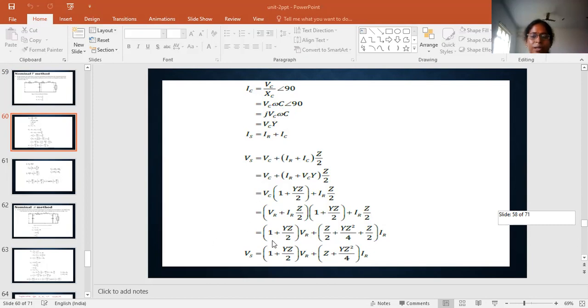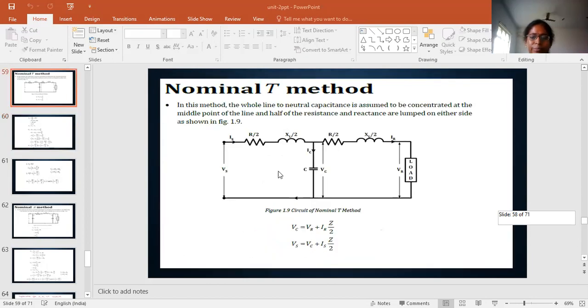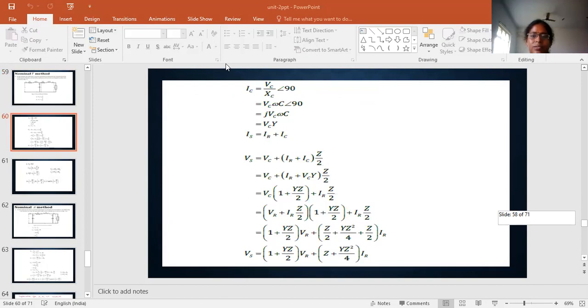Because all the parameters are in impedance and admittance format. And IC equal to VC by XC, as in the capacitance the flowing current is IC. VC by XC is nothing but VC omega C at angle 90, and Y is nothing but omega C.